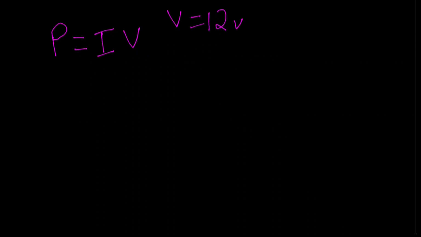And let's say we know the resistance is 500 ohms. So for the power equation, we have the voltage right here, and we have resistance, but we don't have any current. So how do we get the current?